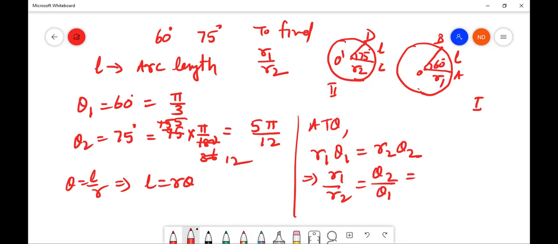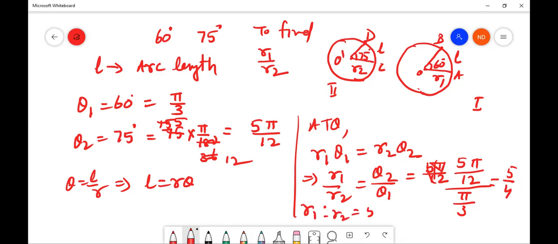Theta 2 is 5 pi by 12. Theta 1 is pi by 3. Simplify this, so you will be getting 5 by 4. So it means R1 is to R2 equal to 5:4.